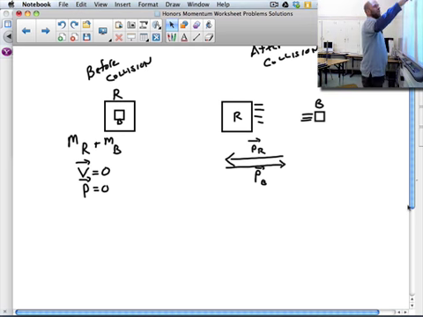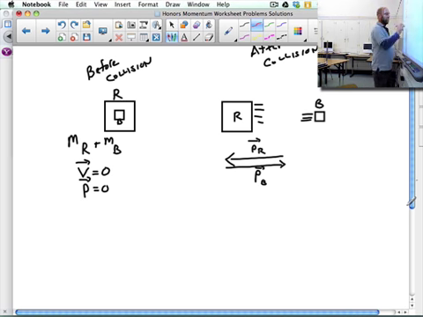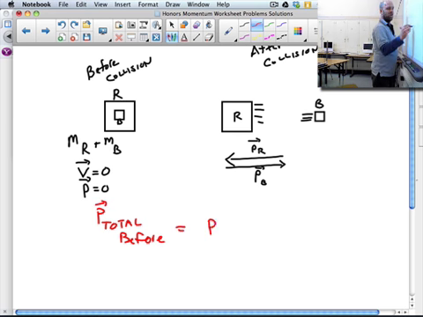And these vectors have to add to 0 because the total momentum before the collision is 0. So because the total momentum, P total, before has to equal P total after.